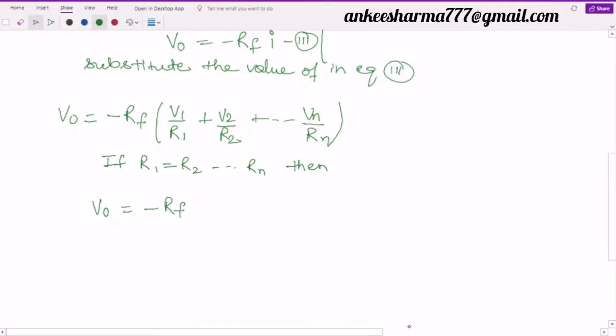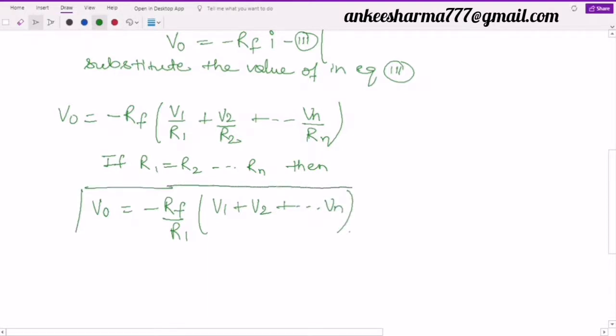I will assume these are all equal to R1, so in the denominator I will have R1 common. I can write here Rf by R1 within the bracket V1 plus V2 plus so on up to Vn. So if we look at this equation, my output voltage is nothing but the sum of the input voltages, V1 plus V2 plus V3 and so on up to Vn.